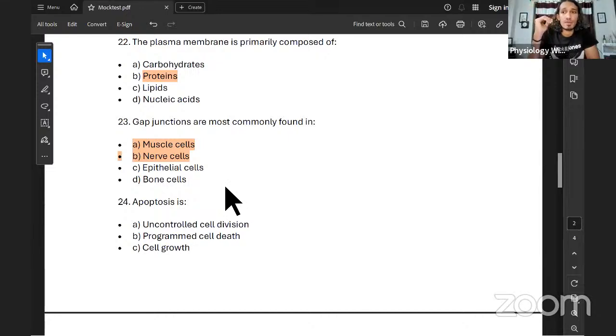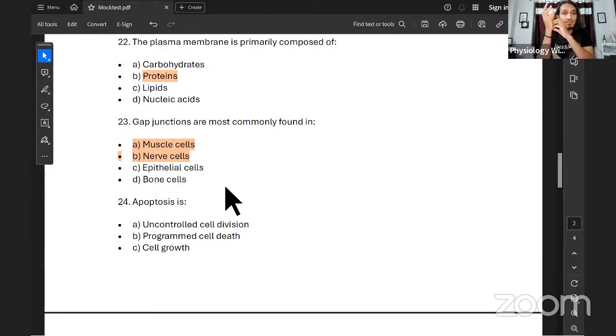Now, most abundantly present, you can say smooth muscles are there and your cardiac muscles are there. But again, if you look at the nerve cells, in terms of its electrical synapse, in terms of its connection with glial cells, connection between the different glial cells.